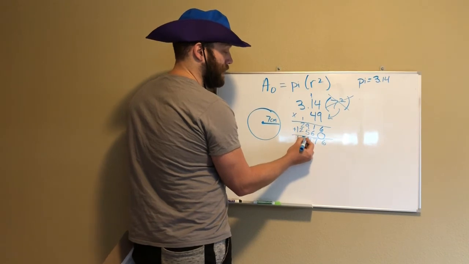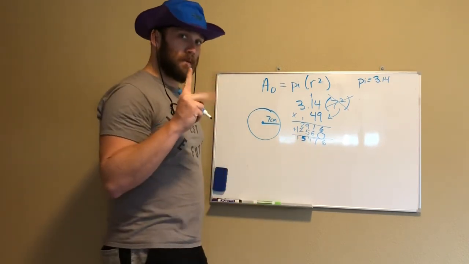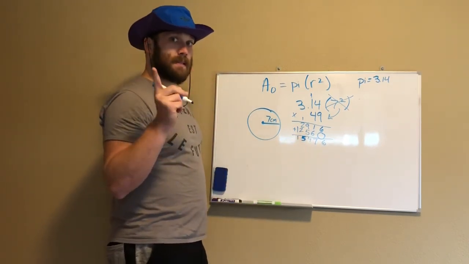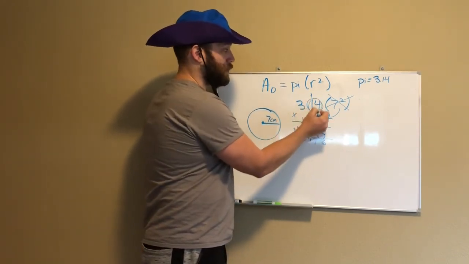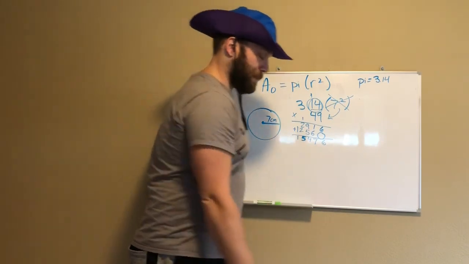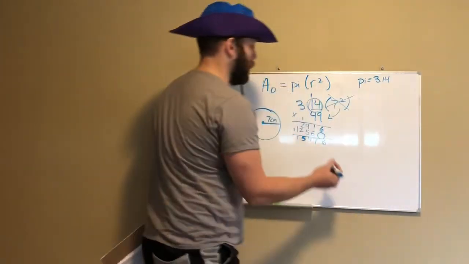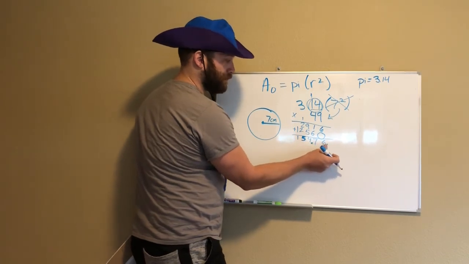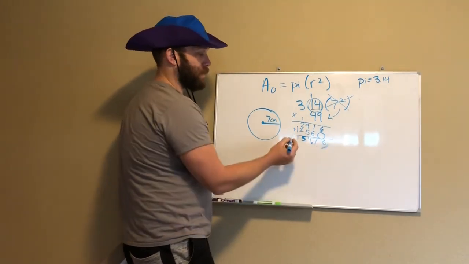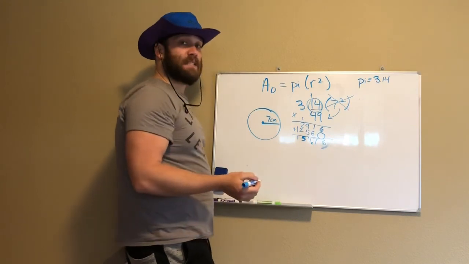What am I forgetting? 2 things. First one, decimal. How many decimal places do I have? 2. Whoops. 1, 2. So I have 154.7600.